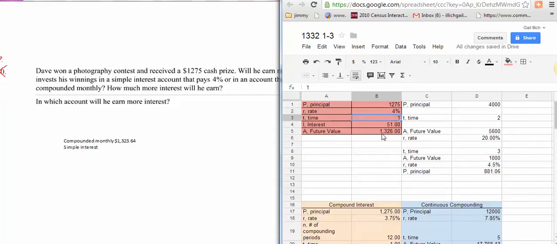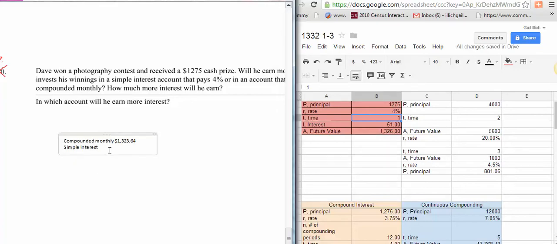So if you did the simple interest, it's $1,326 even. So they're really pretty close, aren't they? But it's actually a better deal for him if he does the simple interest. He earns a little bit more.